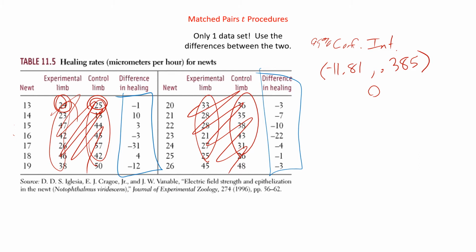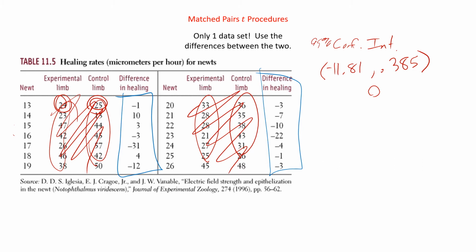So as a test, this is not going to give us significant results. You would want both these values to be negative if you were going to use a confidence interval as a test. We are 95% confident that the actual difference in healing between the experimental limbs and control limbs is in between negative 11.81 and 0.385 micrometers per hour.